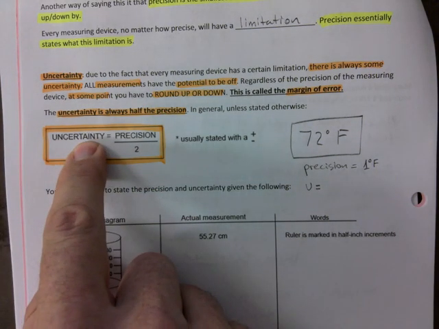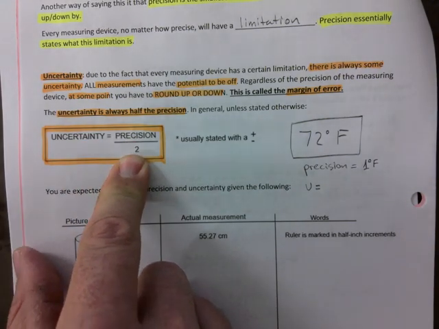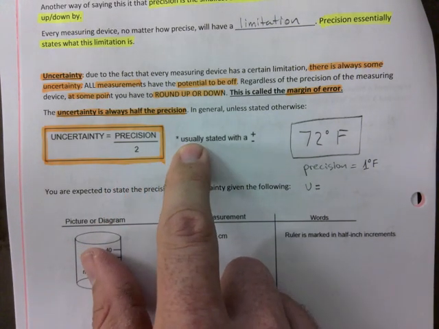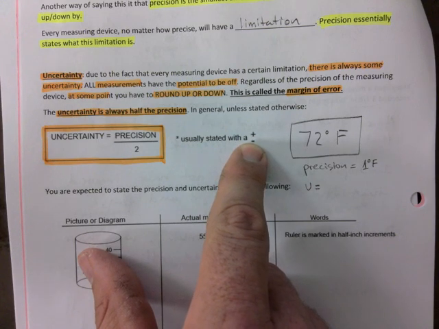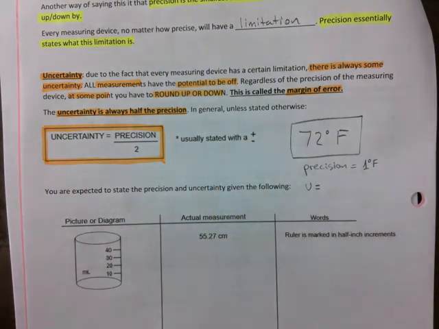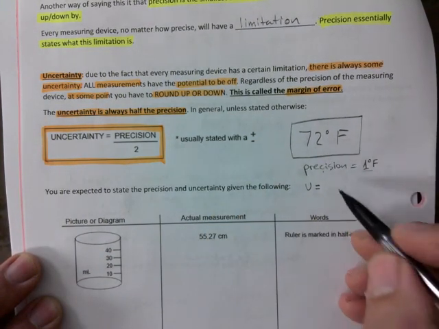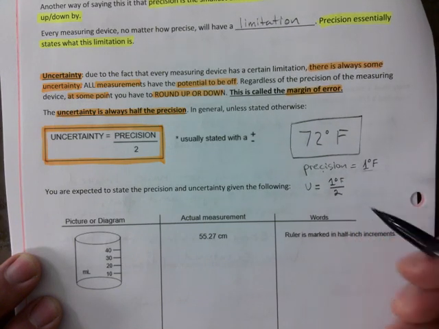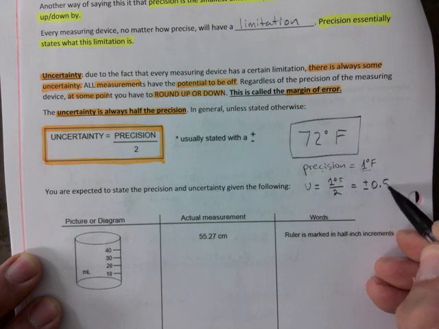Uncertainty is always found by taking the precision and dividing it by 2. Notice it's usually stated with a plus or minus. It doesn't have to be. It's okay if you don't. But if precision is 1 degree Fahrenheit for us here, then uncertainty is 1 degree Fahrenheit divided by 2, which is plus or minus 0.5 degrees Fahrenheit.